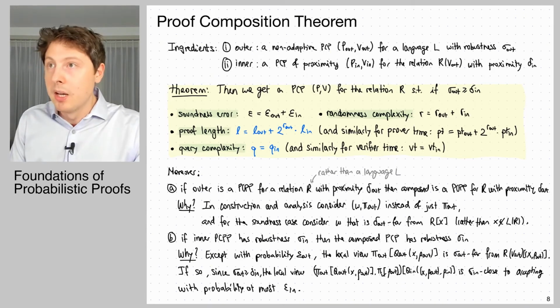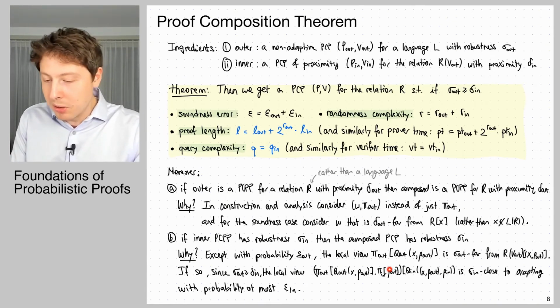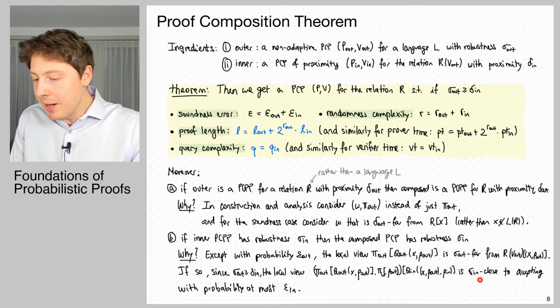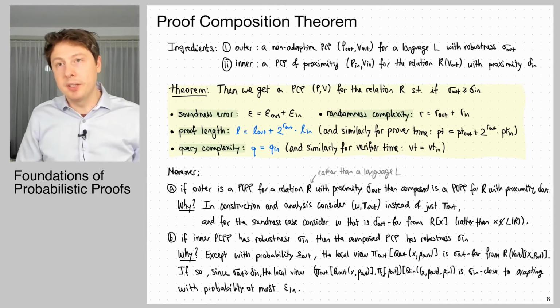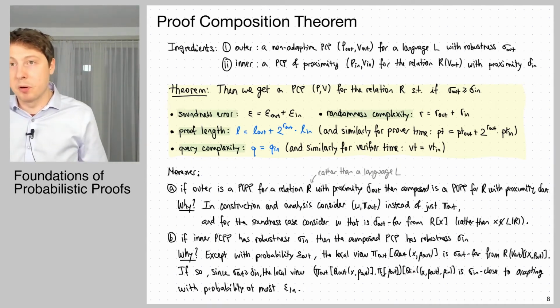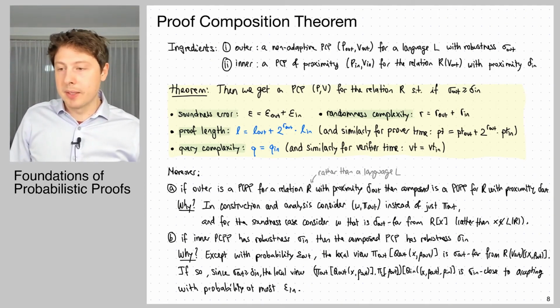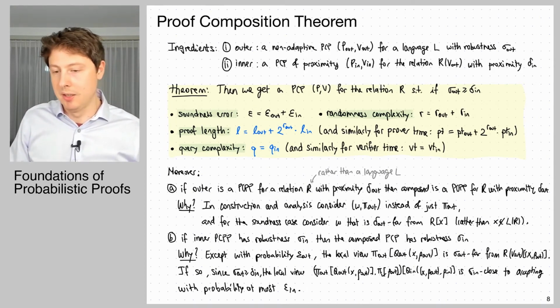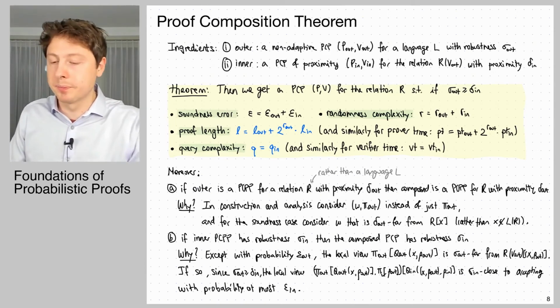So rather than saying that the inner PCP accepts with probability at most epsilon in, we want to talk about the local view of the local view being at most sigma in close to accepting with probability at most epsilon in, okay? So that later we may again be able to apply proof composition. So yeah, this is just a kind of cleanup, and we'll be using these properties when we use proof composition multiple times.